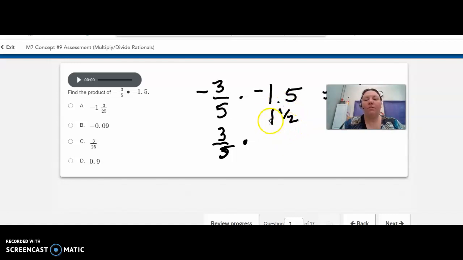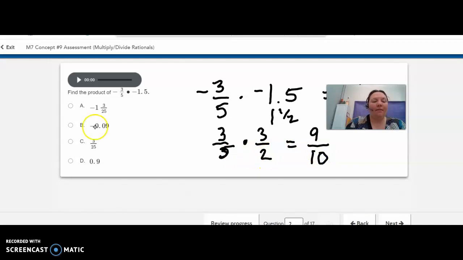So 2 times 1 is 2, plus 1 is 3 halves. So now we have our mixed number turned into a fraction, and we can do our multiplication. So 3 times 3 is 9, and 5 times 2 is 10. Now, when I look at my answer choices, I might have a little moment of panic because there isn't a 9/10. But there is.